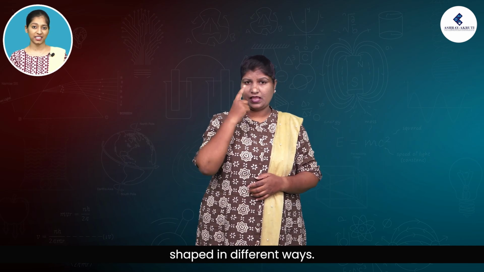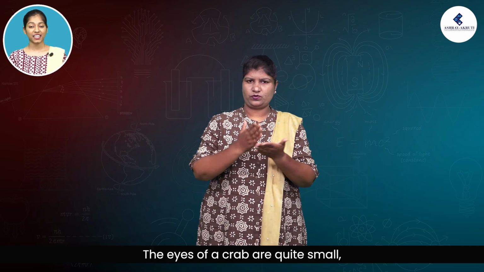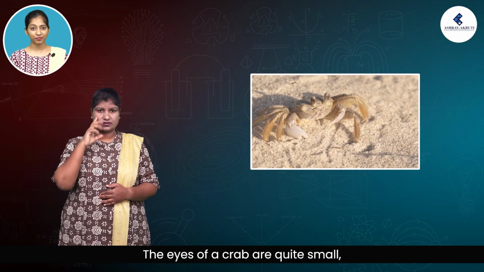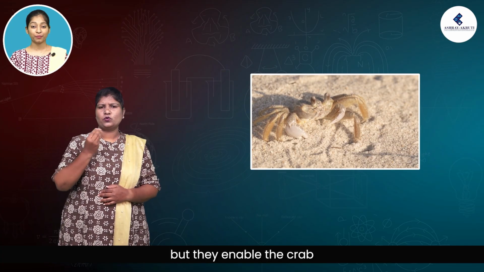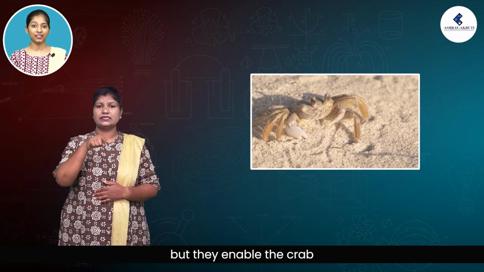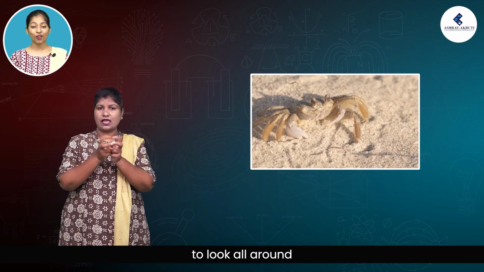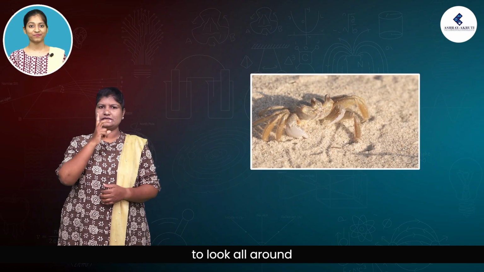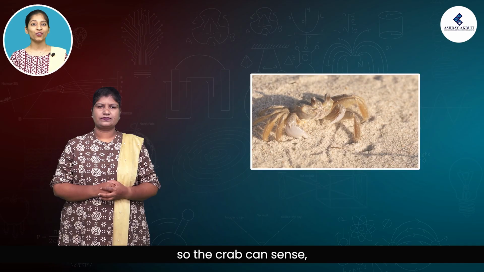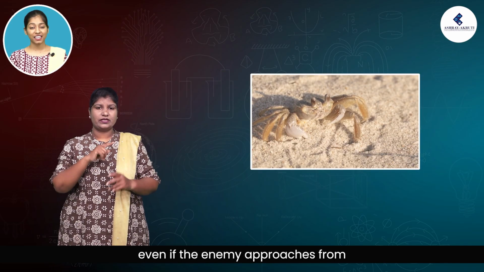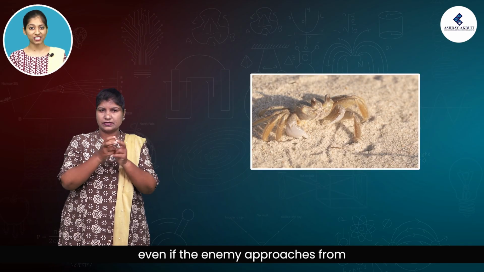Animals have eyes shaped in different ways. The eyes of a crab are quite small, but they enable the crab to look all around. So, the crab can sense even if the enemy approaches from behind.